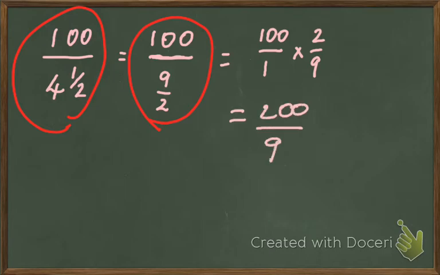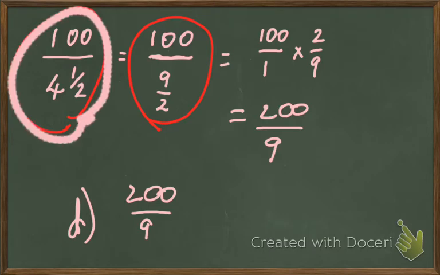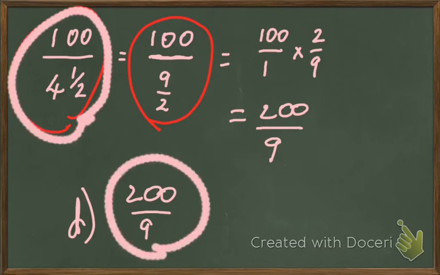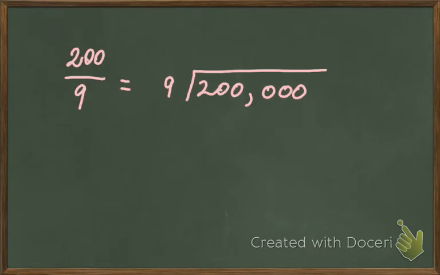And so that fourth answer, D, could just as well have been 200 over 9 rather than 100 divided by 4.5. Now, if you consider 200 over 9, remember 200 over 9 means 9 dividing into 200.